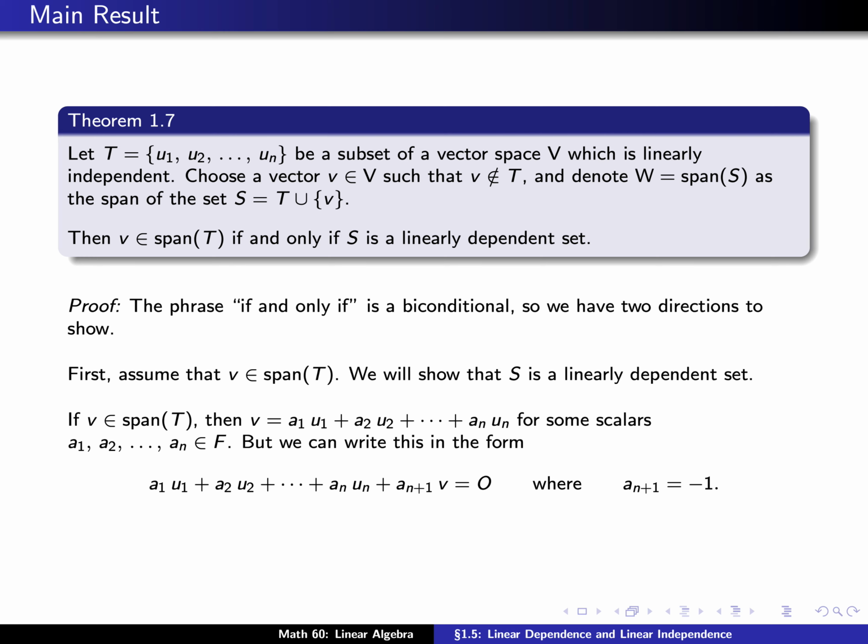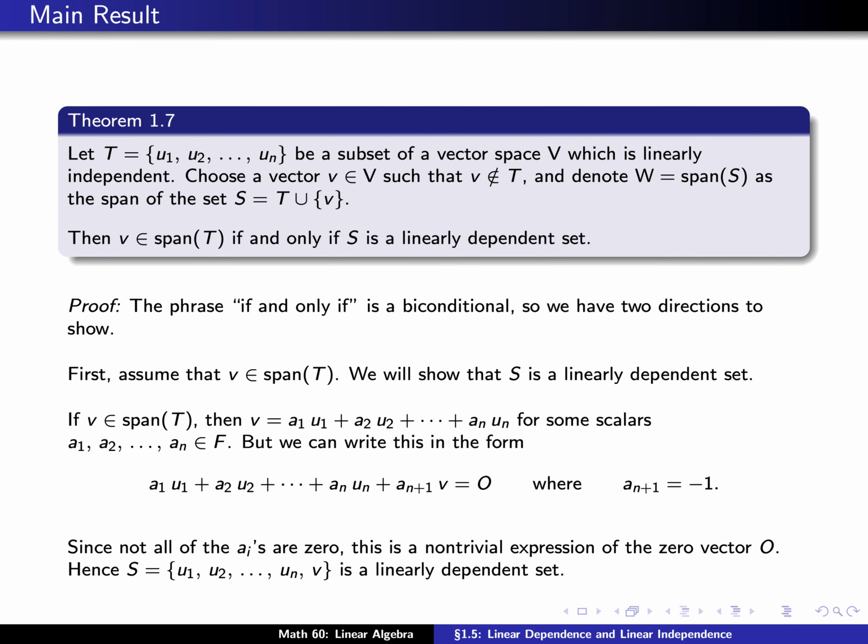But instead of saying minus v, we'll say plus a sub n plus 1 times v, where a sub n plus 1 is equal to negative 1. But now this last coefficient, a sub n plus 1, is not 0. So here we have a linear combination of the vectors from S, where not all of the coefficients are 0. By definition, our set S is a linearly dependent set.